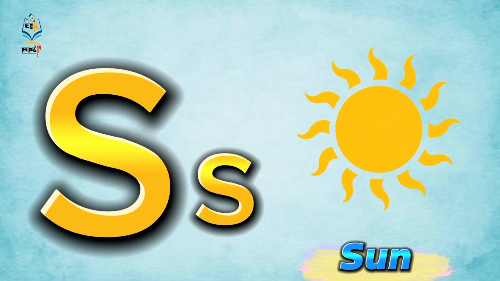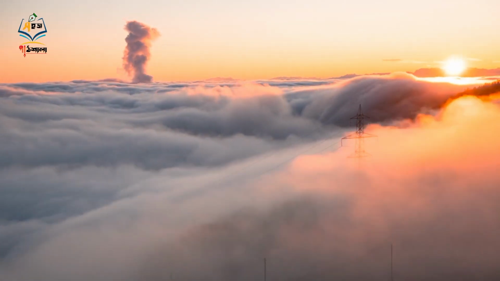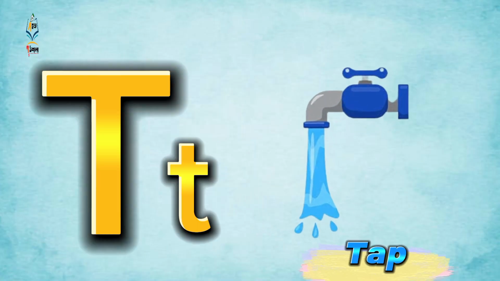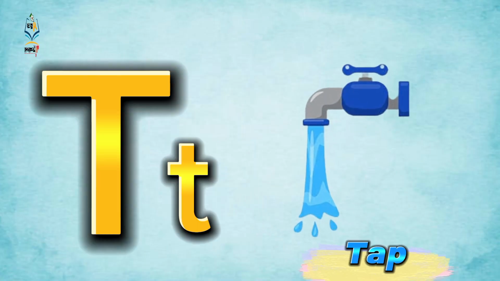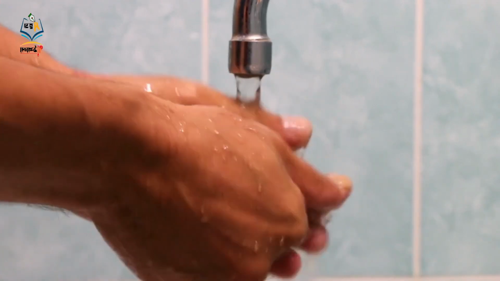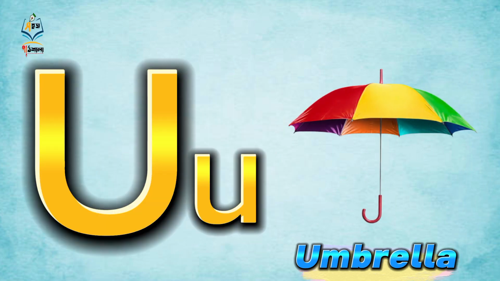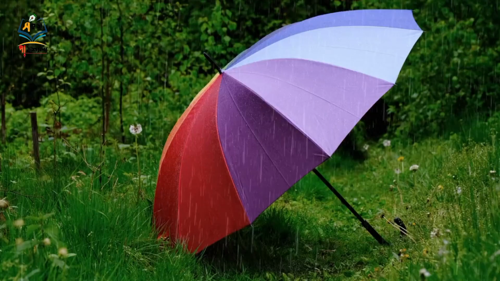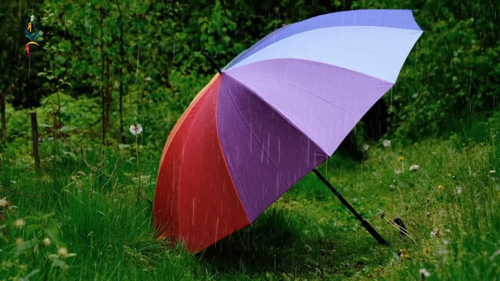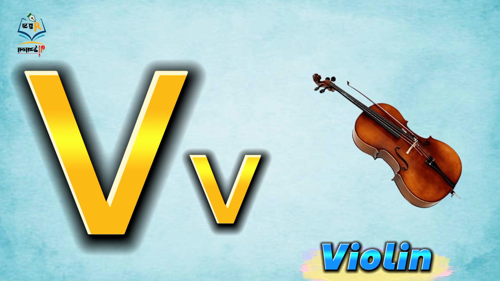S for sun. T for tap. U for umbrella. V for violin.